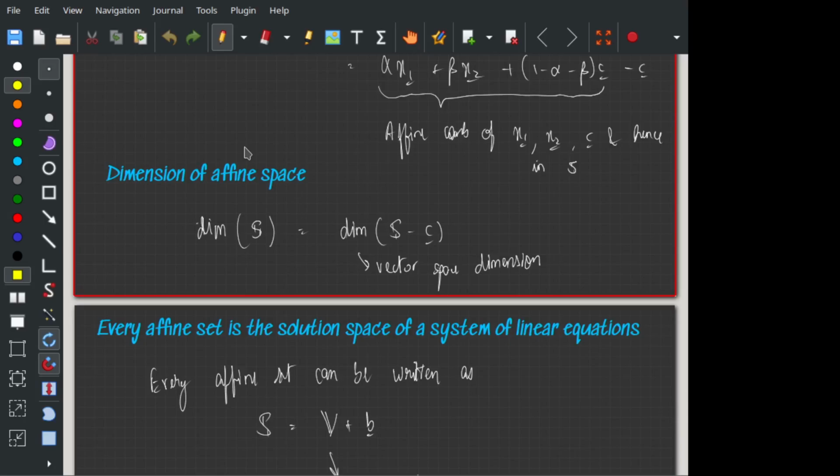Let's look at, let's say, R3. What are all the vector spaces that you can think of? The non-trivial vector spaces are going to be lines or planes. Planes passing through the origin, lines passing through the origin. Now we want to generalize this notion of the vector space. So take any shift, any line or any plane, not necessarily passing through the origin.